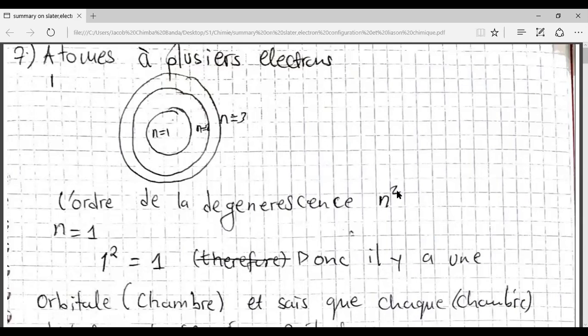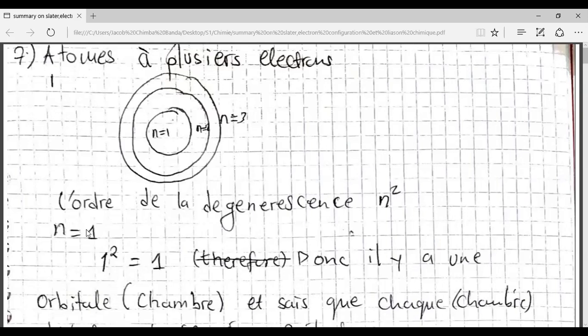The order of degeneracy is the formula which you use to calculate the number of orbitals. So for n equal to 1, you calculate the number of orbitals by using n squared. This is the formula which you should know. That's how you calculate how many rooms it's going to have according to your n. So for hydrogen and hydrogenoids, we know that our n is equal to 1.